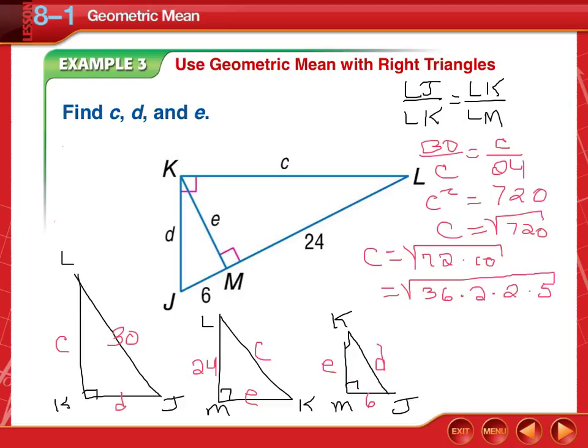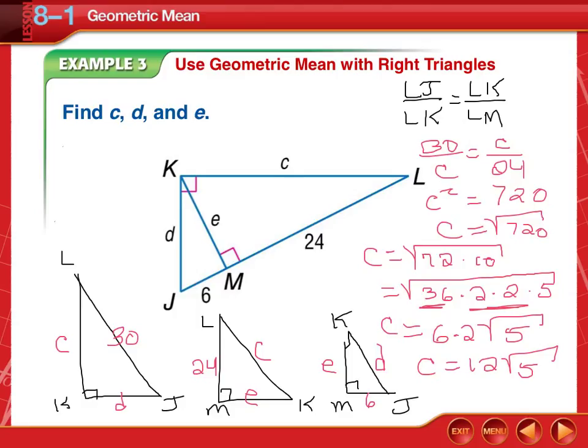So you can see we have two perfect squares here, the 36 and the 4, so we can take those out. So C equals the square root of 36 is 6, times the square root of 4 is 2, and we have the square root of 5 still left. So C equals 12 square roots of 5.